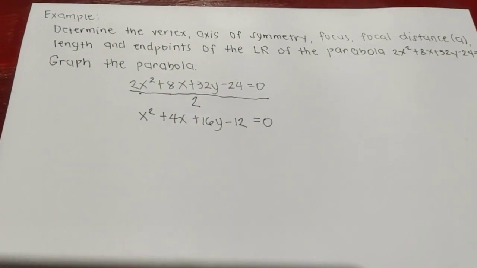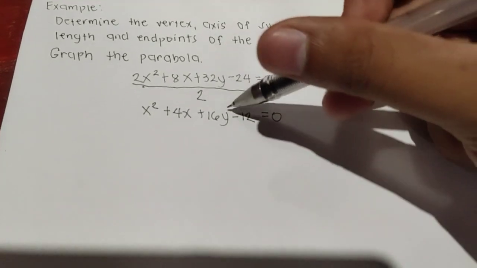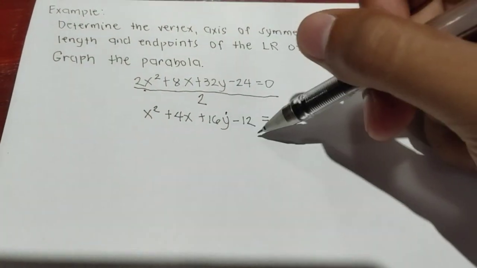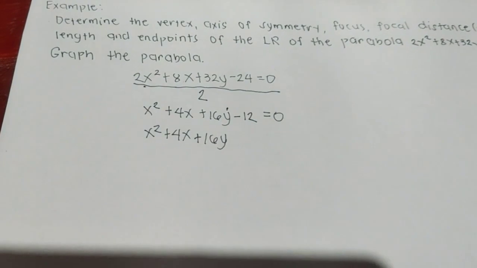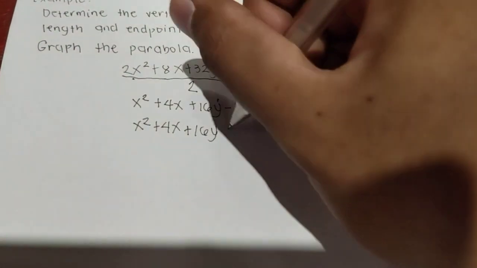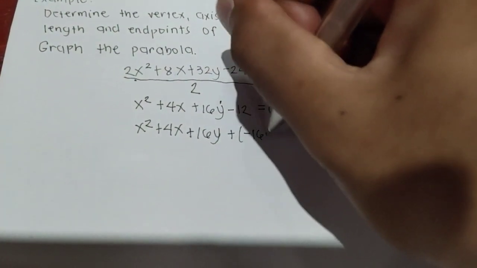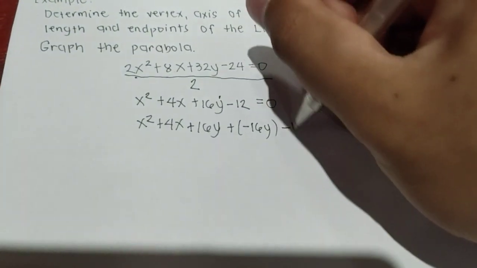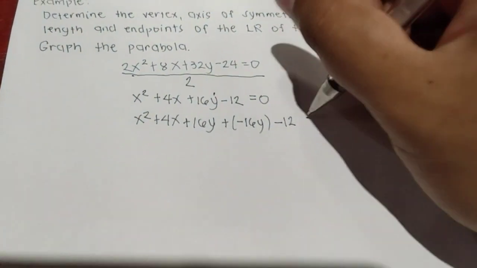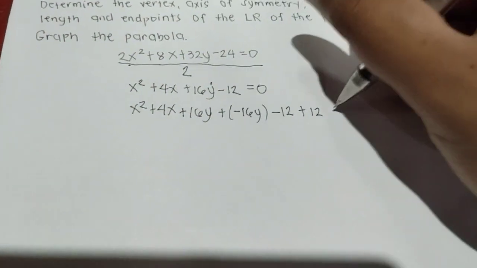Next, we need to add the additive inverse of positive 16y and negative 12. So x squared plus 4x plus 16y, the additive inverse of positive 16y is negative 16y. And the additive inverse of negative 12 is positive 12.